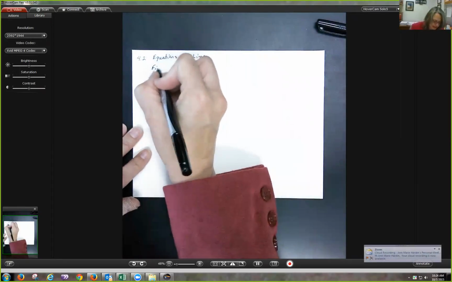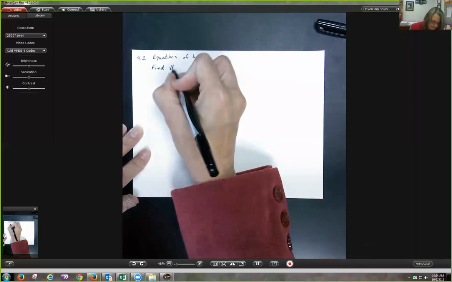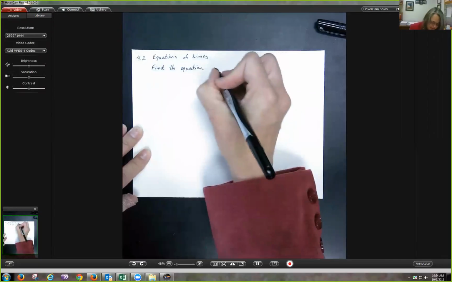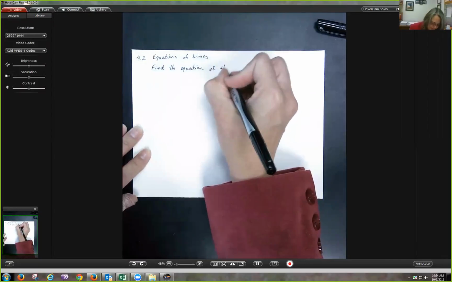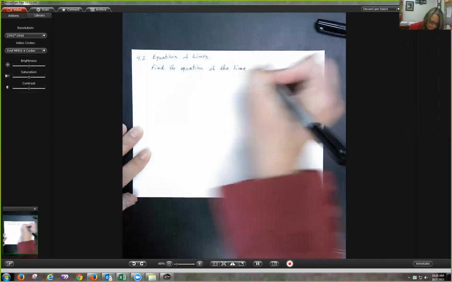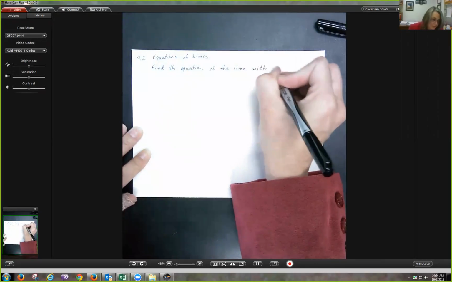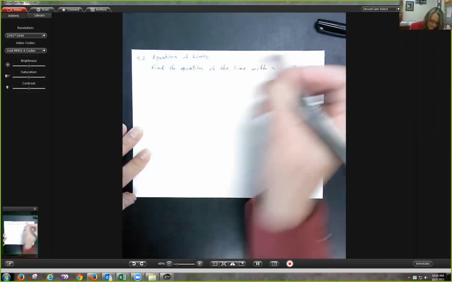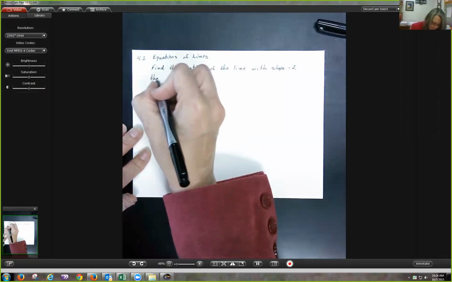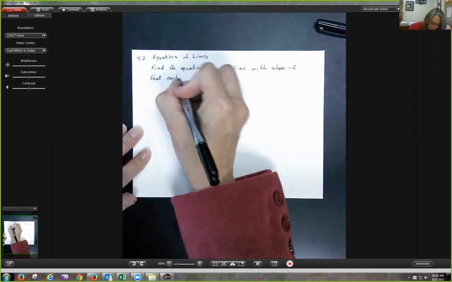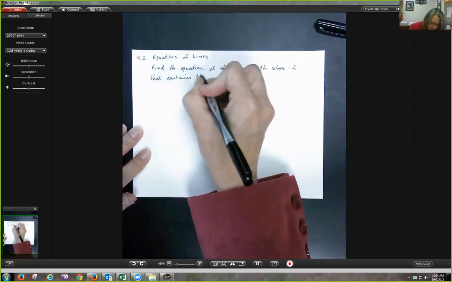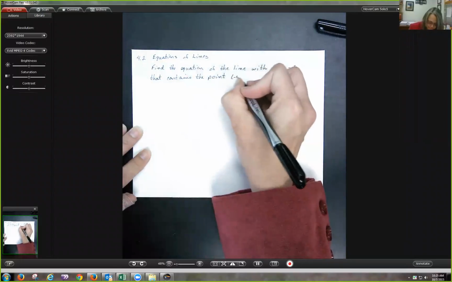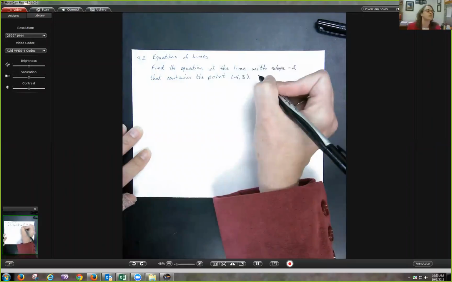So suppose I'm asked to find the equation of the line with slope -2 that contains the point -4, 3.